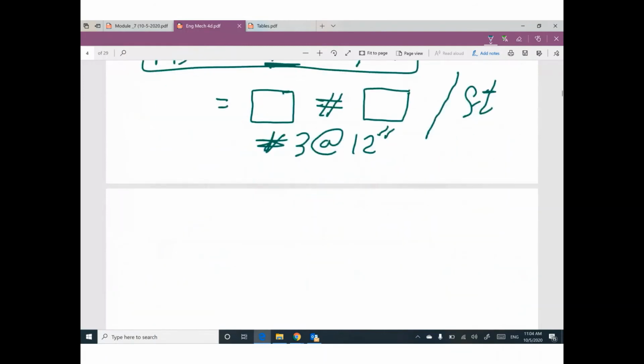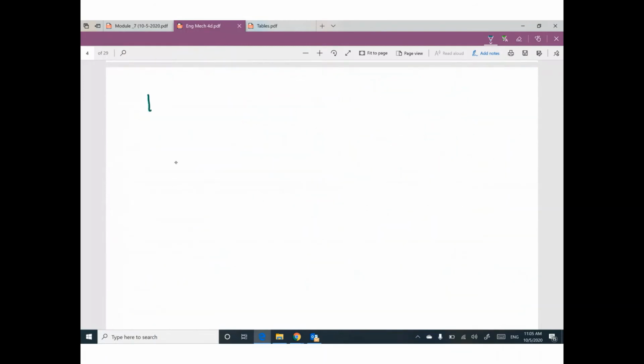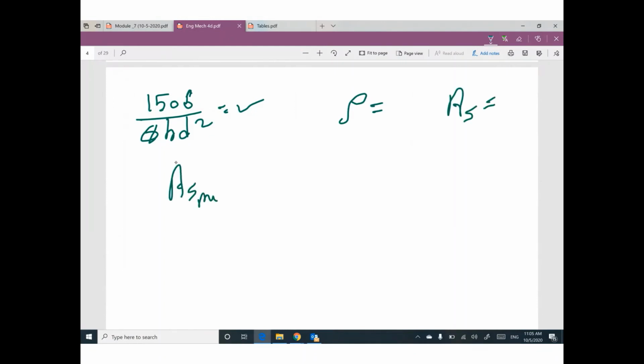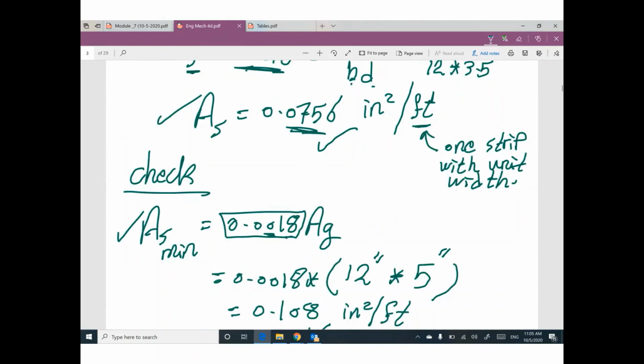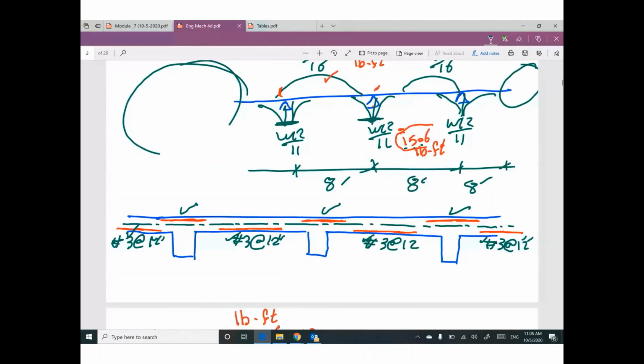M ultimate 1506 divide phi BD square and define another row and define another area steel and check it with area steel minimum to figure out which one I'm gonna use, and then go to the table to figure out what is the size and what is the spacing. This steel reinforcement will be at this location, at this location, and this location, at the same location of the moment. Okay, Alex?